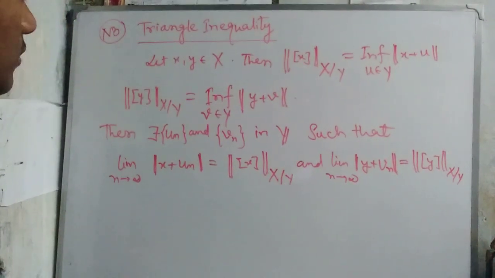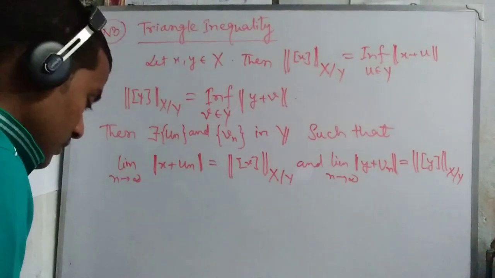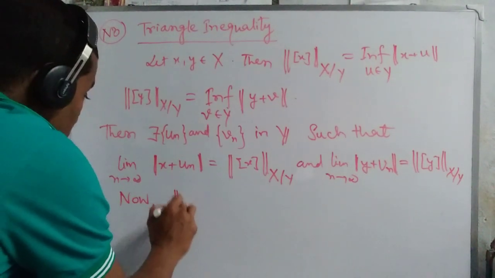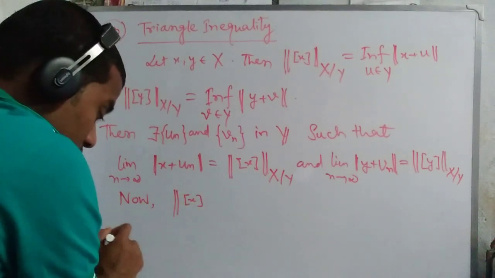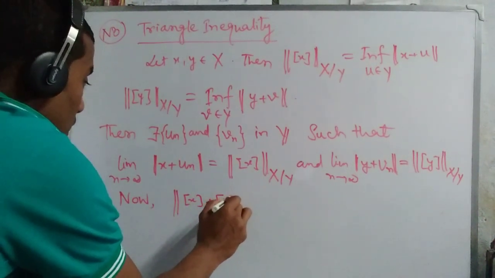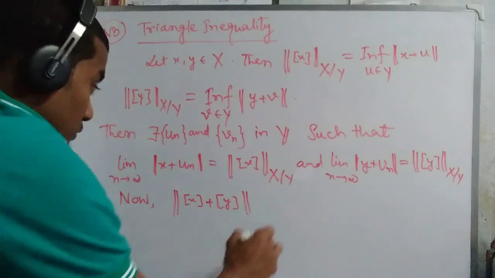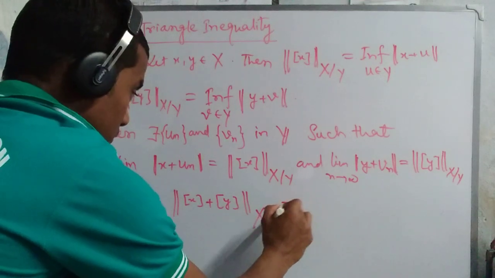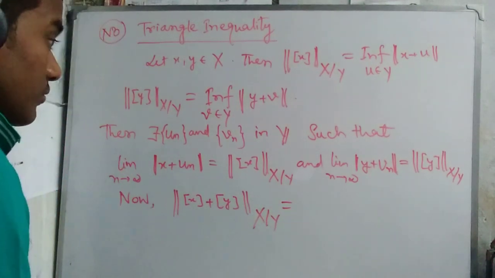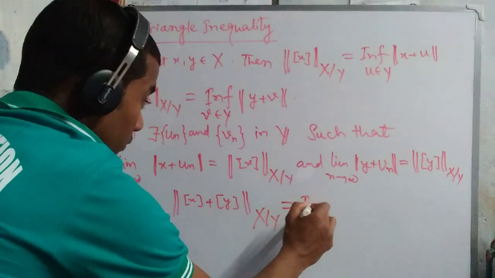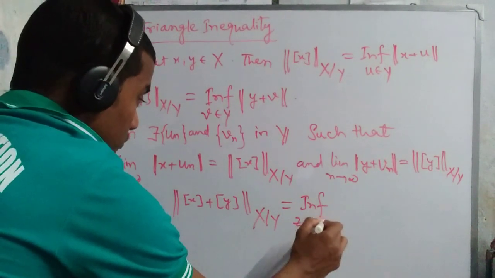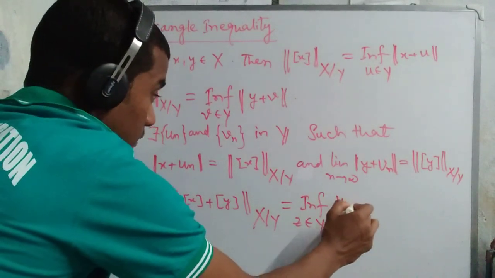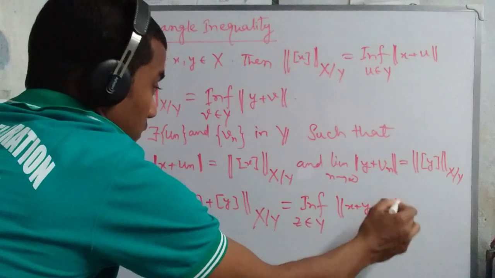Okay, so what happened, here we write this one now, norm of x plus y quotient with respect to this quotient space equal to what, equal to, we write it now, infimum of z belongs to y, here mod of x plus y plus z.